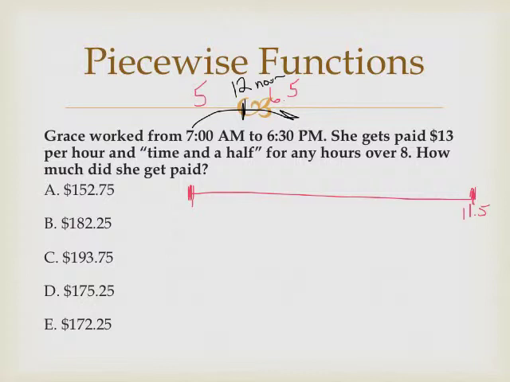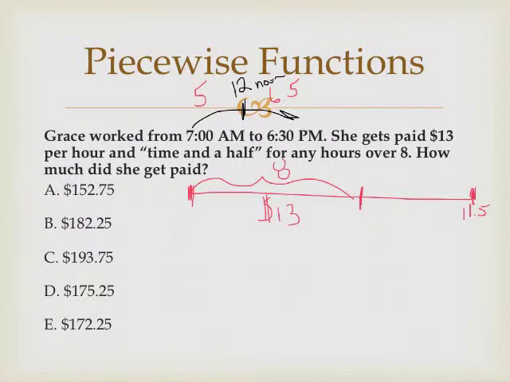Now I want to break this up by how much she's getting paid. At some point over here, it breaks off, because in these 8 hours she is getting paid her $13 an hour. That's her rate.